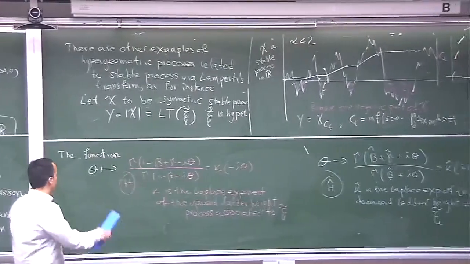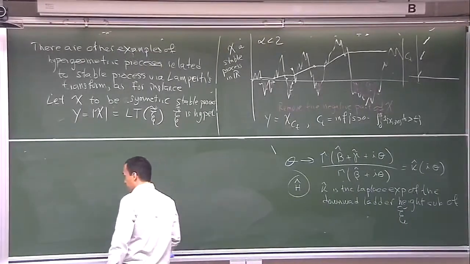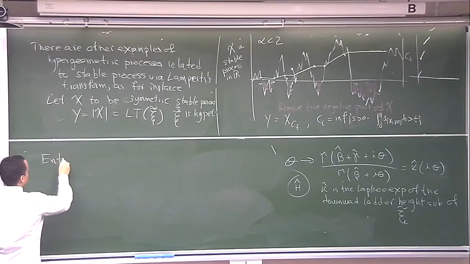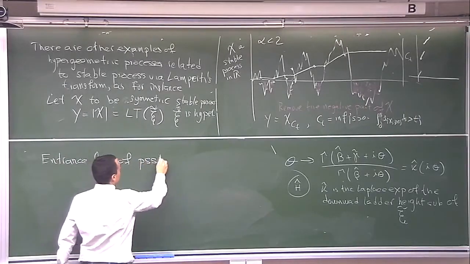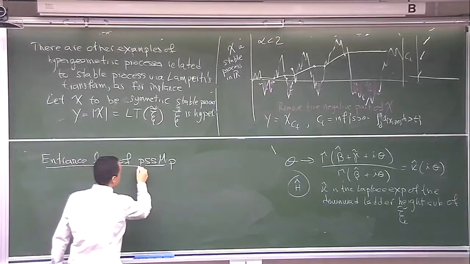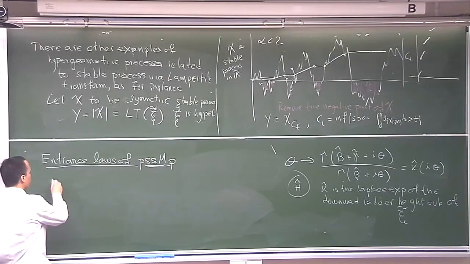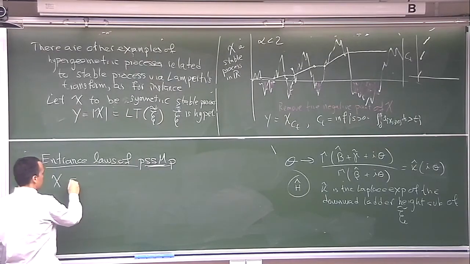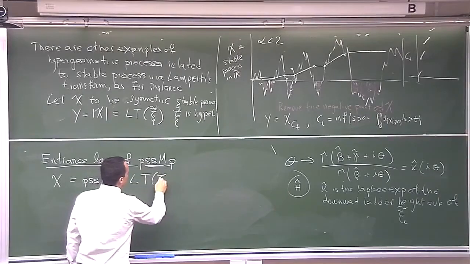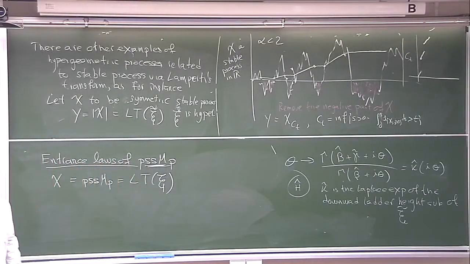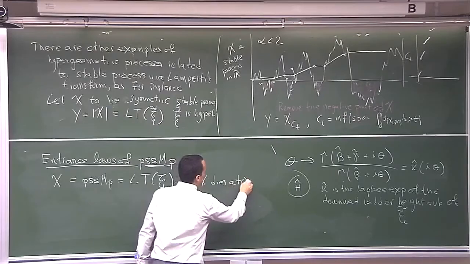And your question takes me to the next topic, which is the topic of entrance laws of positive self-similar Markov processes. Observe that if we take X that is a positive self-similar Markov process obtained as a Lamperti transform of some Lévy process, then X will die at 0.